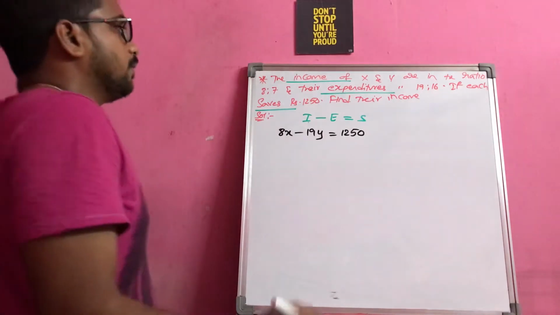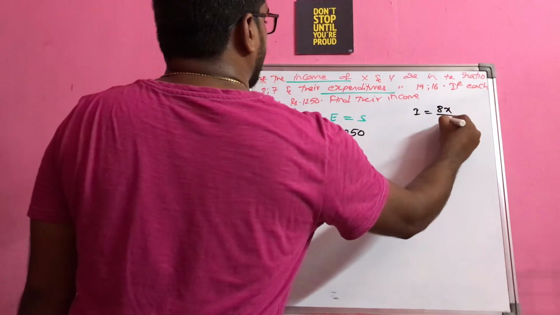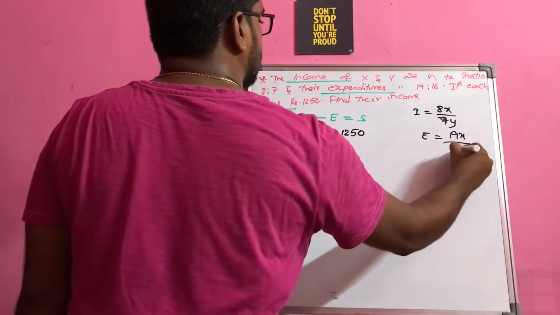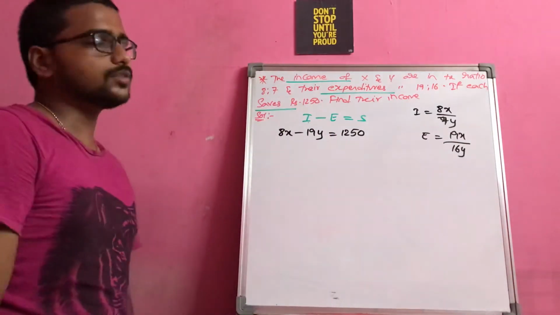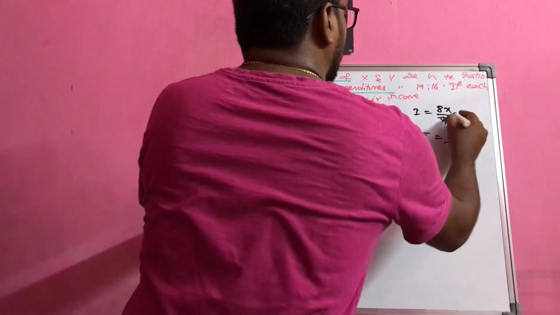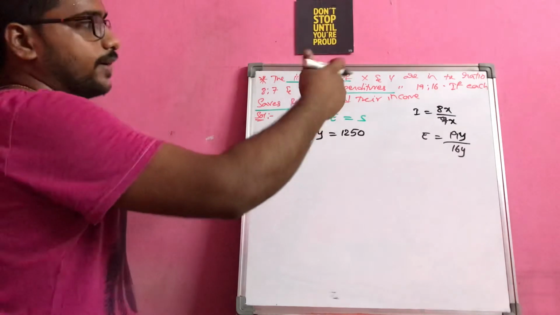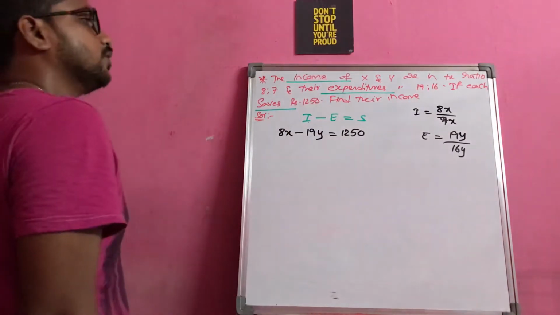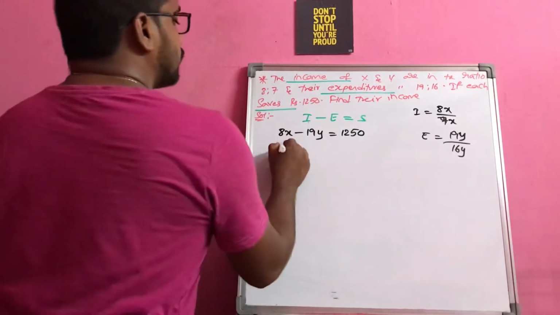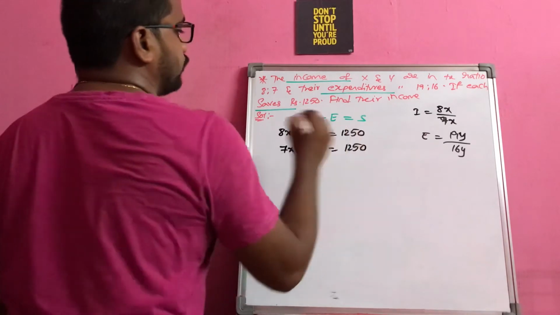Generally, incomes ratio you will write like 8x by 7x, and the expenditure ratio you will write like 19y by 16y, so that the x and y will get cancelled and you get that ratio. So 8x minus 19y is equal to 1250, and the second case will become 7x minus 16y is equal to, again, 1250.